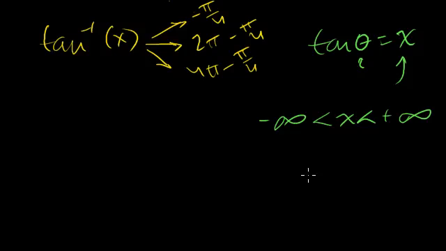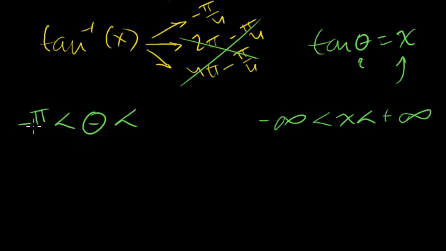So if I'm just dealing with vanilla tangent, not the inverse, the domain of tangent can go multiple times around, so let me not make that statement. But if I want to do inverse tangent, so I don't have a one-to-many mapping, I want to cross out all of these. I'm going to restrict theta, or my range, to be greater than minus pi over 2 and less than positive pi over 2.